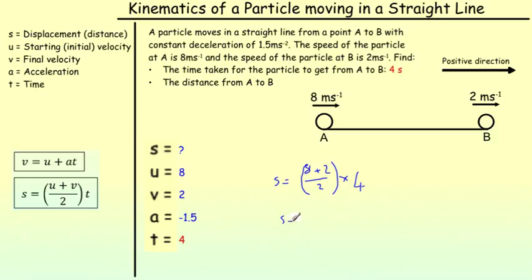So that becomes 8 plus 2 is 10 divided by 2, which is 5, times 4. So our distance s is 20, and again, that's going to be meters. And that's the answer to part 2. The distance from A to B is 20 meters.